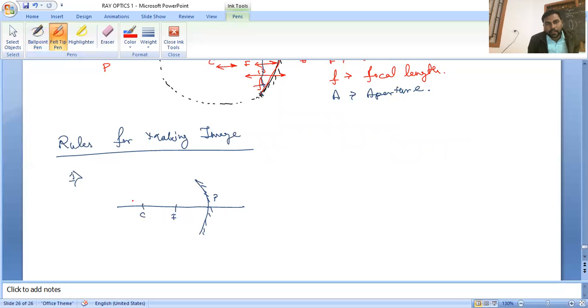See here. Suppose this ray passes parallel to the principal axis. After it strikes the mirror and reflects back, it is mandatory that it will definitely pass through the focus. It will go like this.